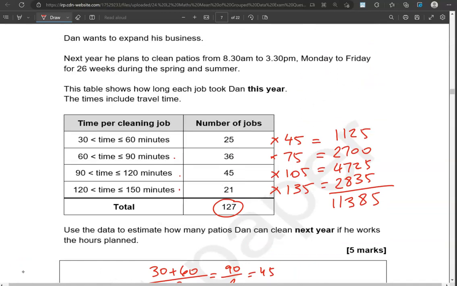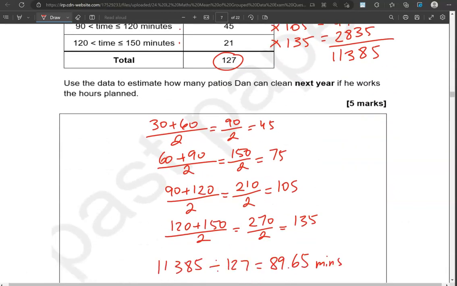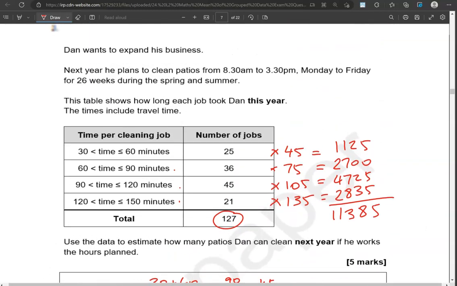So what we're going to do is work out the total time that he plans to spend next year cleaning patios, and then divide that by this number that we got. So it's 8:30 a.m. to 3:30 p.m. 8:30 to 9:30, 10:30, 11:30, 12:30, 1:30, 2:30, 3:30.